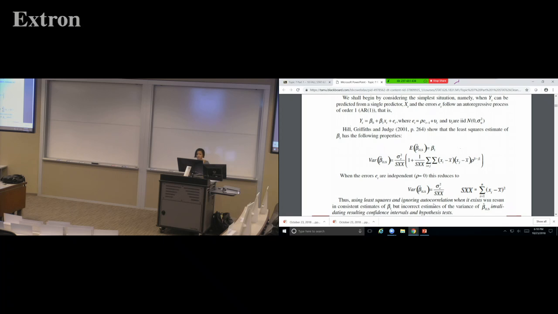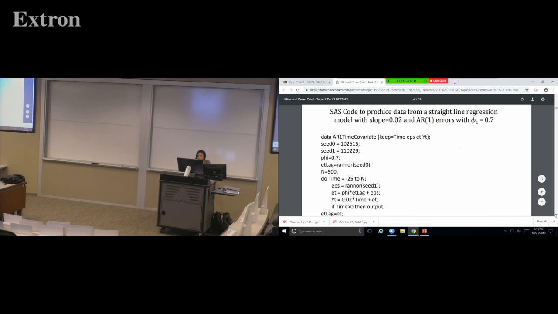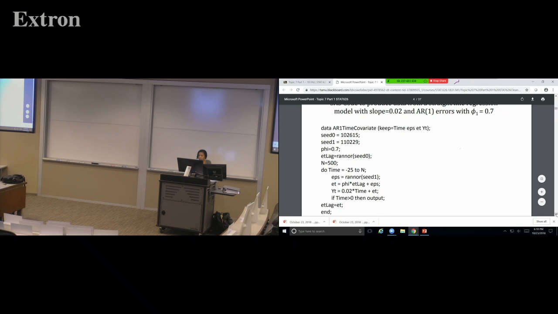So using this idea of regression with autocorrelated errors, let's simulate some data in SAS and see what's happening with this kind of data. This is SAS code similar to what you've seen in the past. The differences come from the previous slide, where our e_t's are going to be our autoregressive 1 errors.